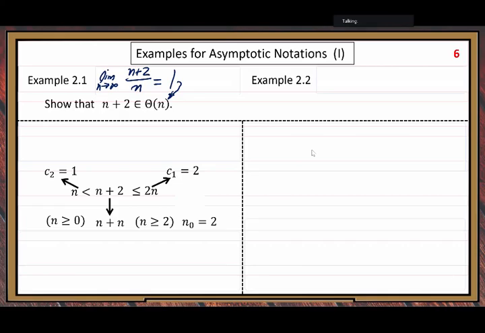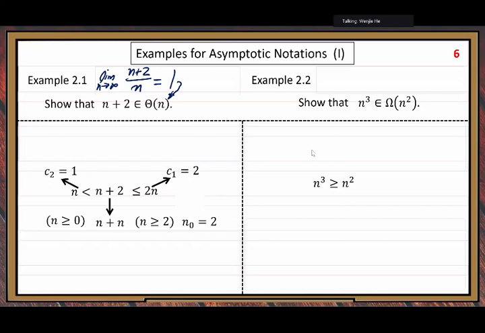All right, example number 2, 2.2. Let's practice this method a little more. This time, n cubed belongs to big omega of n squared. That means we need to find a constant multiple of n squared that is a lower bound of n cubed.